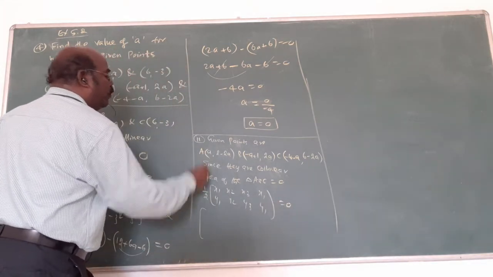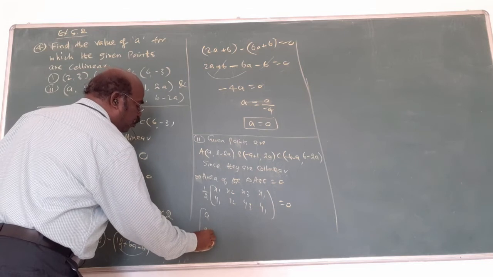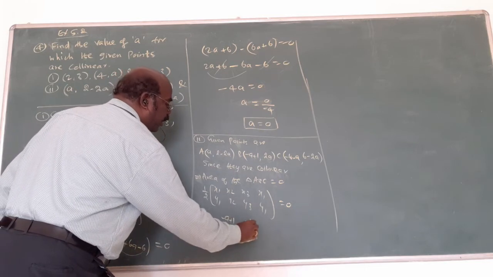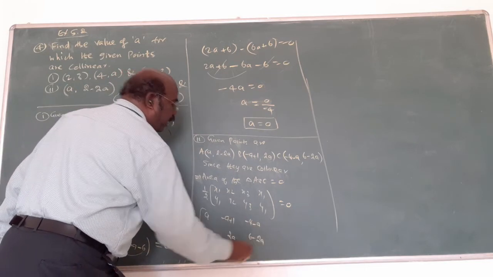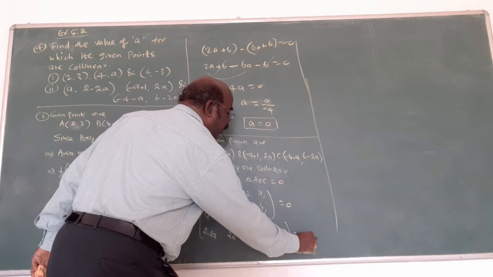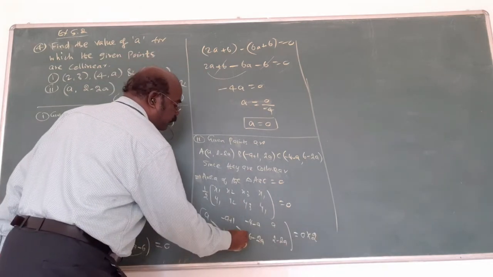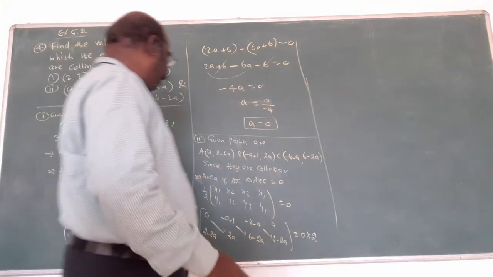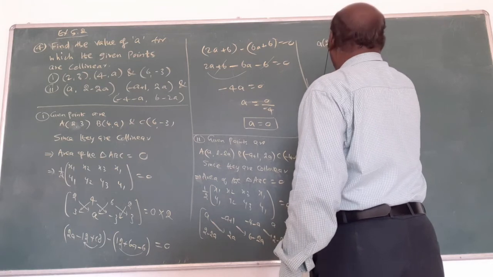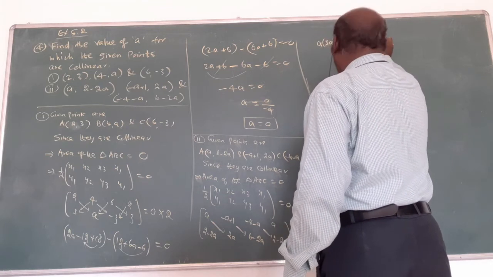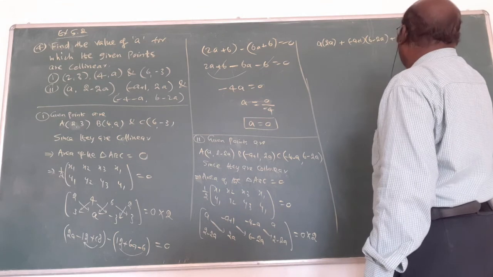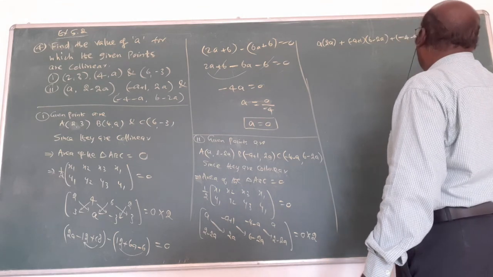Next, what is the first point? A (a, 2 minus 2a), (minus a plus 1, 2a), (minus 4 minus a, 6 minus 2a), again (a, 2 minus 2a), equal to 0 into 2. Now multiply. First write a into 2a plus minus a plus 1 into 6 minus 2a plus minus 4 minus a into 2 minus 2a.